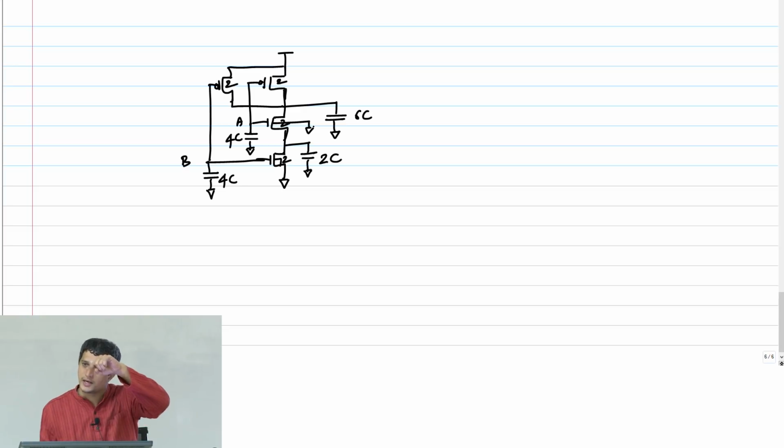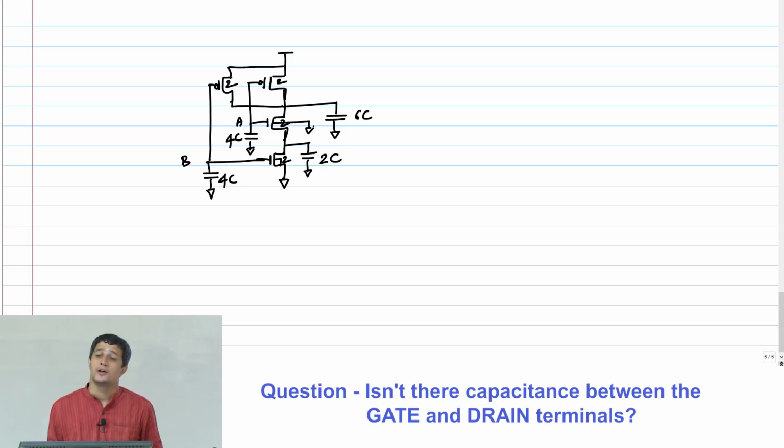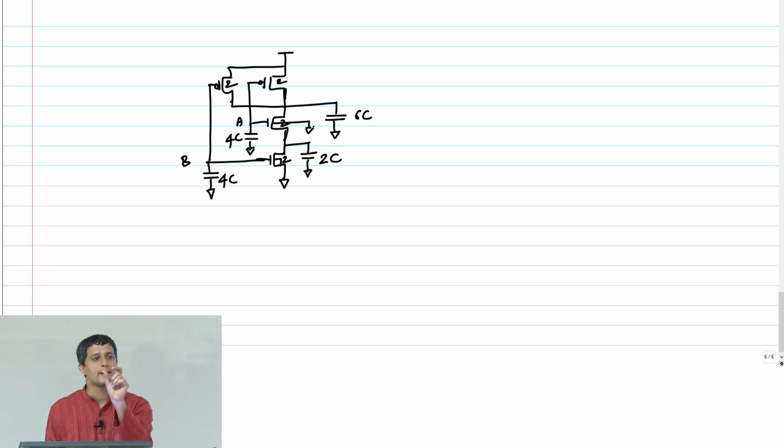Only because in an inverter, source and body were grounded, I could remove that capacitance out of the picture. There's a capacitance, so that's what I told you. That becomes like a capacitance between the input and output. Now you do Miller capacitance and split it. So I'm saying you lump all of them. Effectively, it's like 1C here, and the drain also has the same C. Correct.